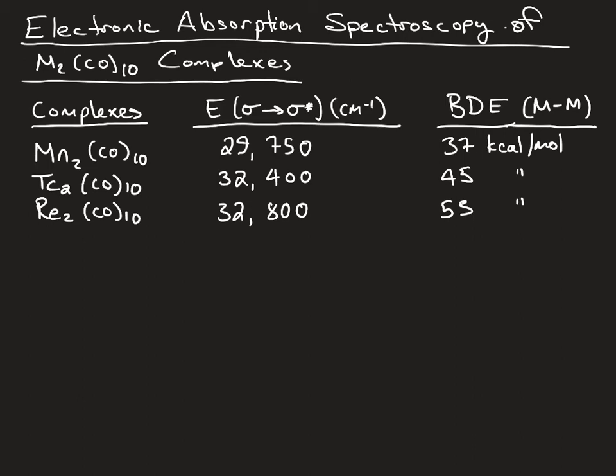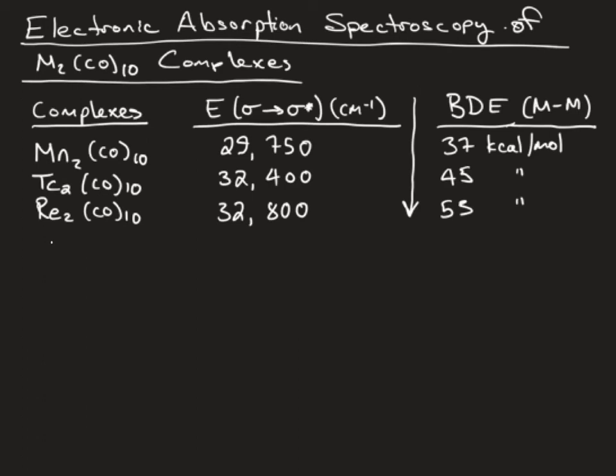So what we're seeing is a systematic increase in the energies of that sigma to sigma star and a corresponding increase in the bond dissociation energies, showing that that sigma orbital is becoming more stabilized as we go down the group. The reason for this has to do with effective overlap of the dz squared orbital.